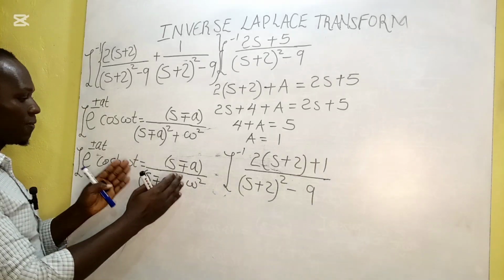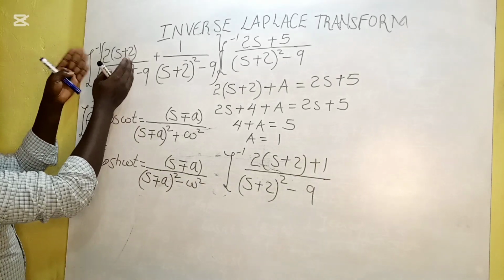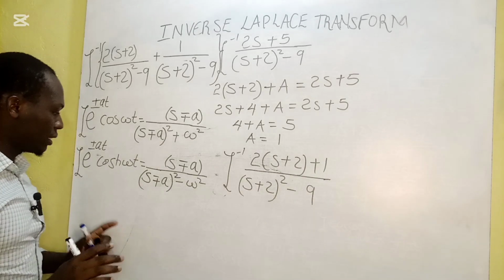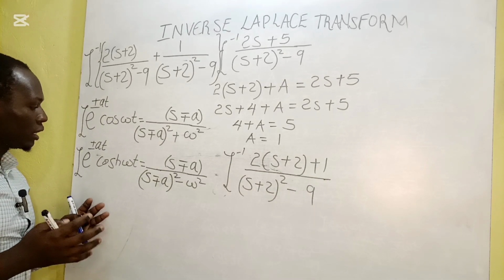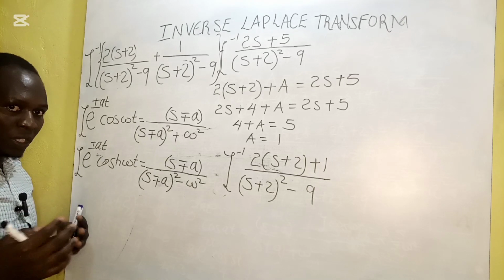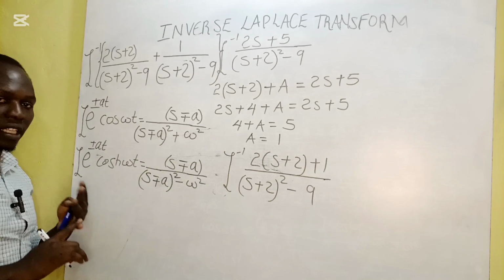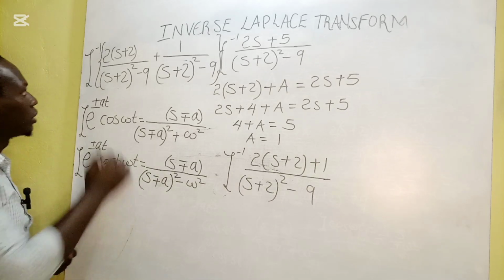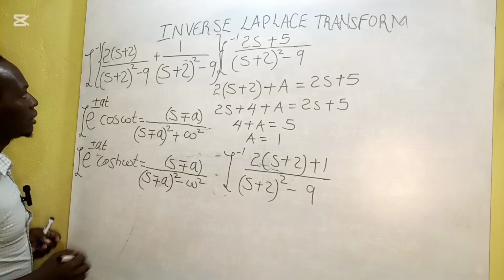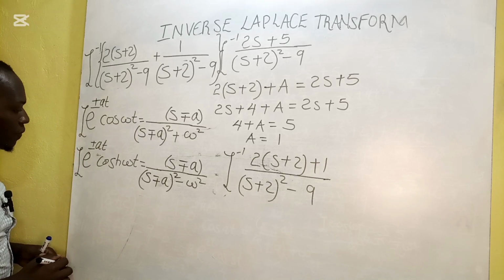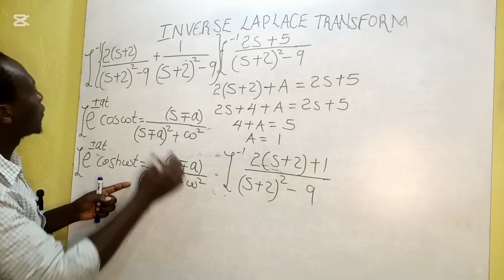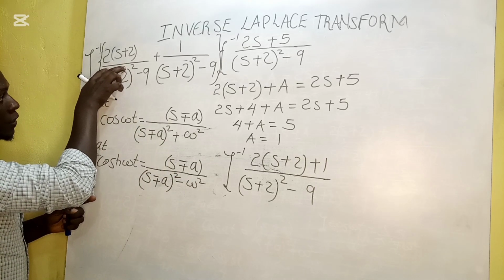When you check at this form, it resembles this function to mean that we must have our answer as exponential at, either positive or a negative, with hyperbolic function. That is either a sine or a cos. Let us now start our working by getting the inverse Laplace transform of this function. Here, for the cos, you will find that it is going to match this function.